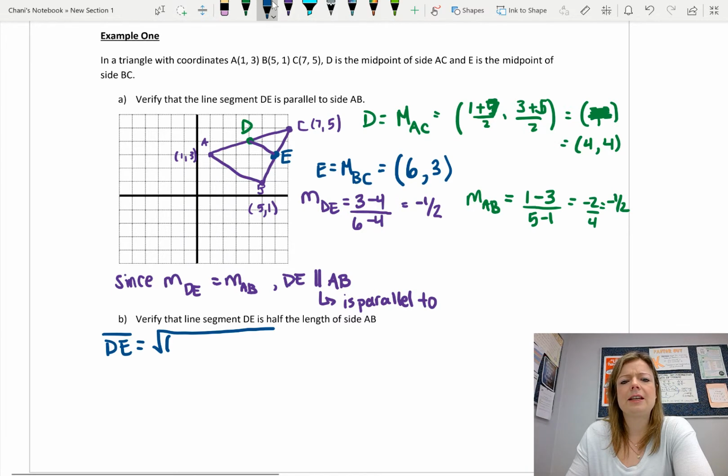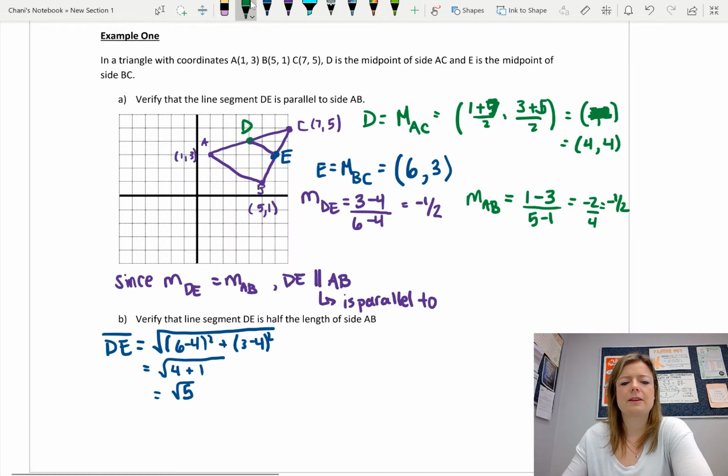So DE, we subtract our x values, 6 minus 4, all squared, and then subtract our y values, 3 minus 4, all squared. Okay, make sure those are in brackets when you put them in your calculator. So this gives you 2 squared, which is 4, and then negative 1 squared, which is plus 1. So you get the square root of 5.